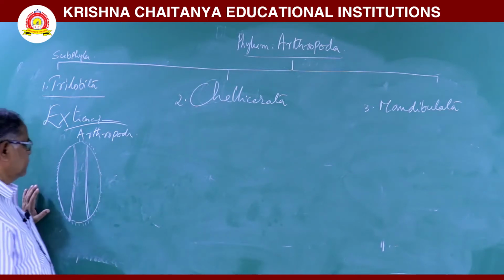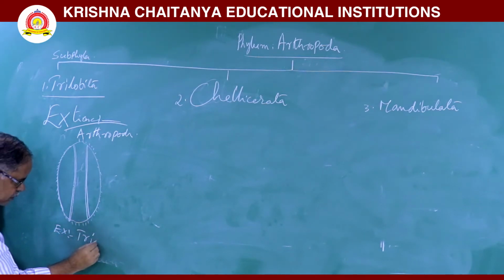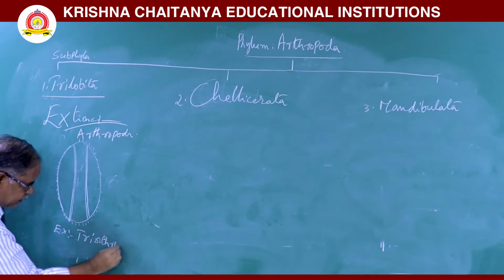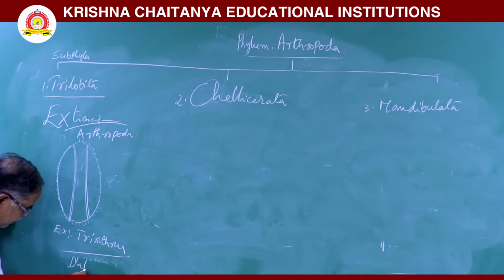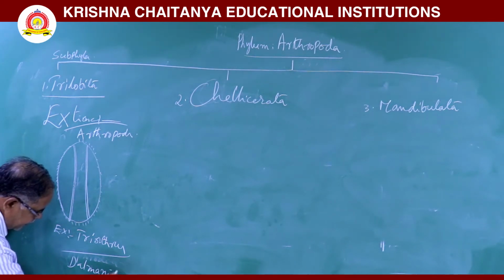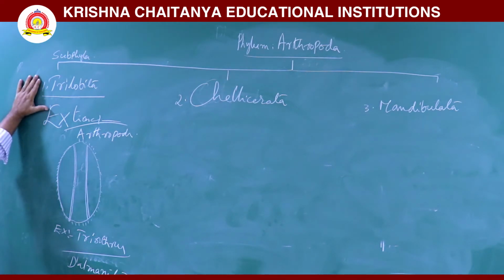So, next, examples: Triarthrus and Dalmanites. This is about trilobites. Trilobites are extinct arthropods.